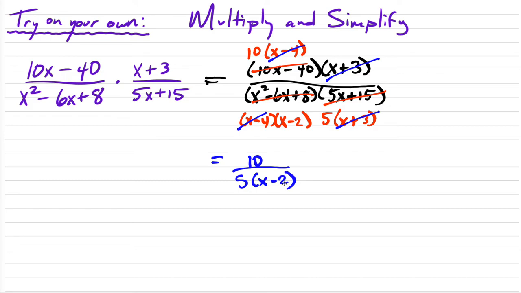Good catch. Very good catch. There's one thing left, and that's the 10 and the 5. If you could see it on the top part, that's good. But like I said, sometimes these problems start to get messy and busy, lots going on. So there's nothing wrong with canceling again later. But yeah, very good. So then that would leave a 2 on the top. So you'd have 2 over x minus 2.